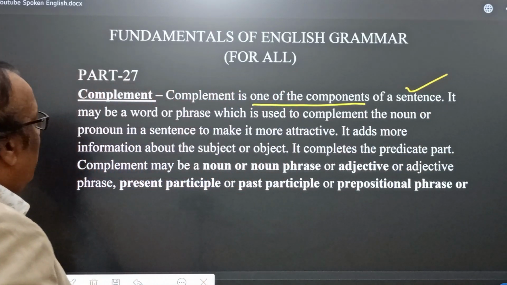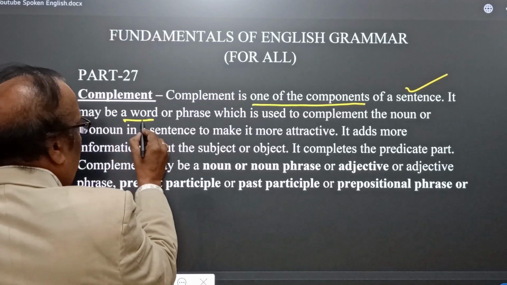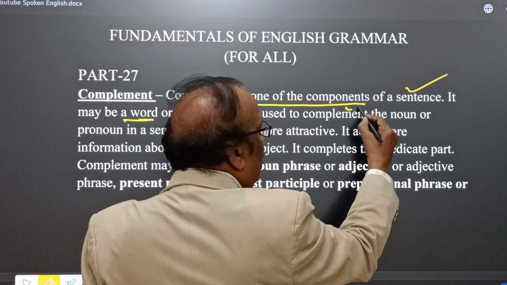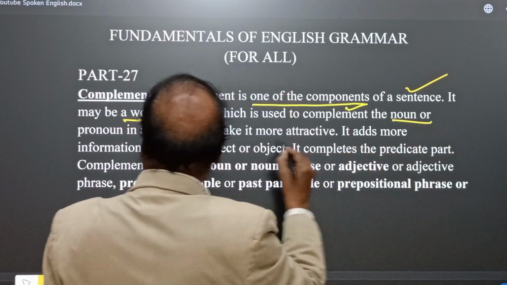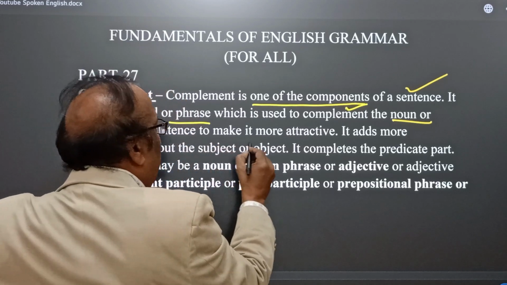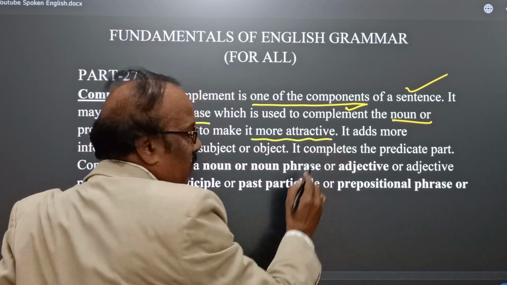It may be a word or a phrase which is used to complement a noun or pronoun in a sentence to make it more attractive.